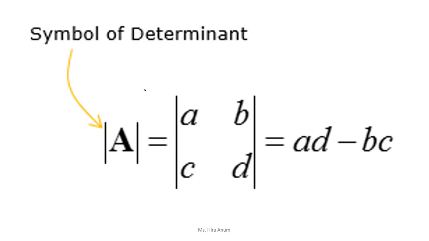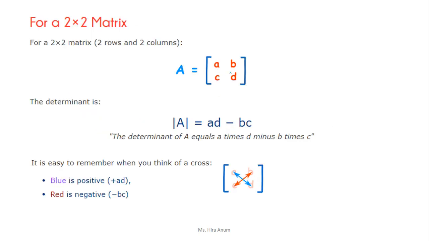The symbol of the determinant is mod, 2 straight lines. You can multiply a with d minus c with b. For 2 cross 2, AD minus BC.